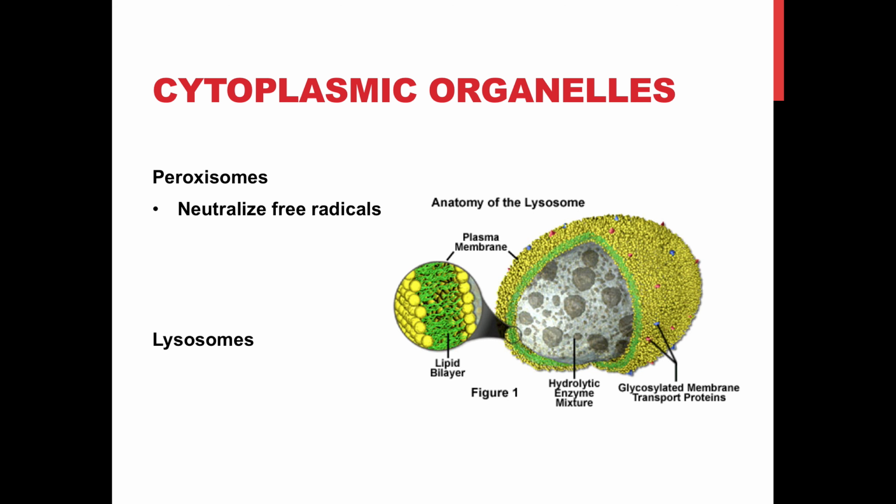So two more types of cytoplasmic organelles are peroxisomes and lysosomes. Peroxisomes are spherical membranous sacs containing a variety of powerful enzymes, the most important of which are oxidases and, I never know how to pronounce this, catalases or catalysis. I think it's catalases. So they contain oxidases and catalases.